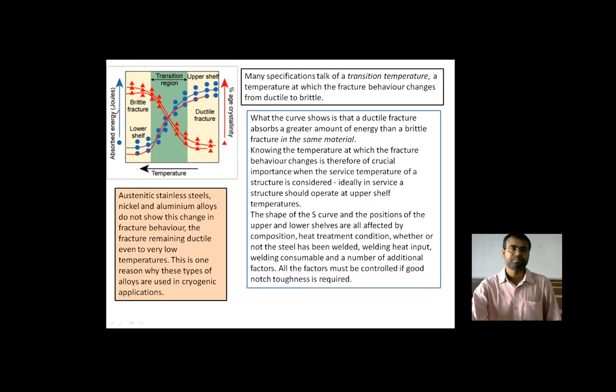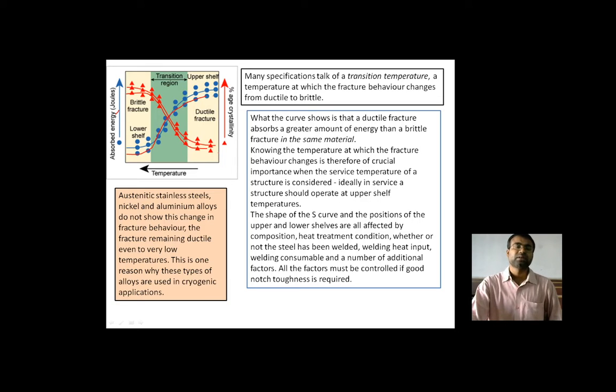So what is this curve showing? It shows that a ductile fracture absorbs a greater amount of energy than a brittle fracture in the same material. Knowing the temperature at which the fracture behavior changes is therefore of crucial importance when the service temperature of a structure is considered.